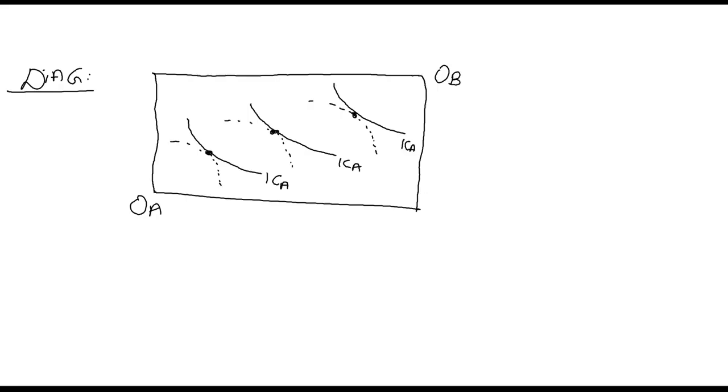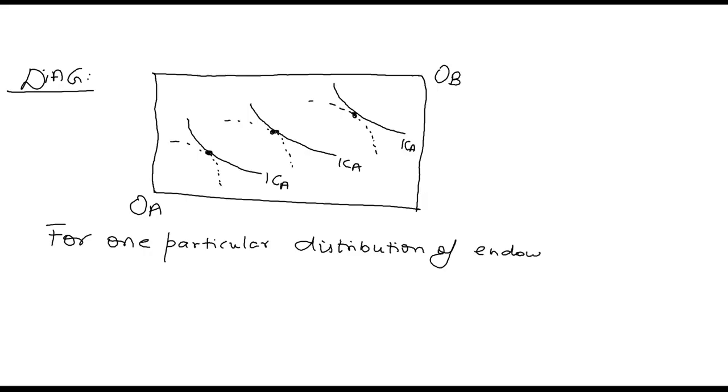For one particular distribution of endowments between A and B, we get one Pareto efficient point.